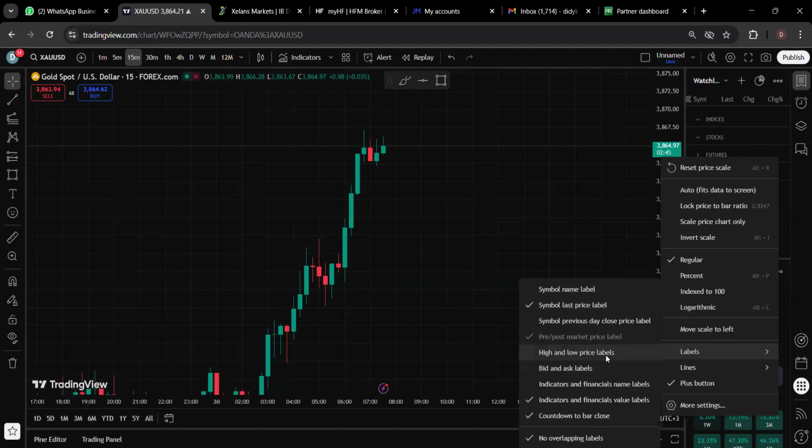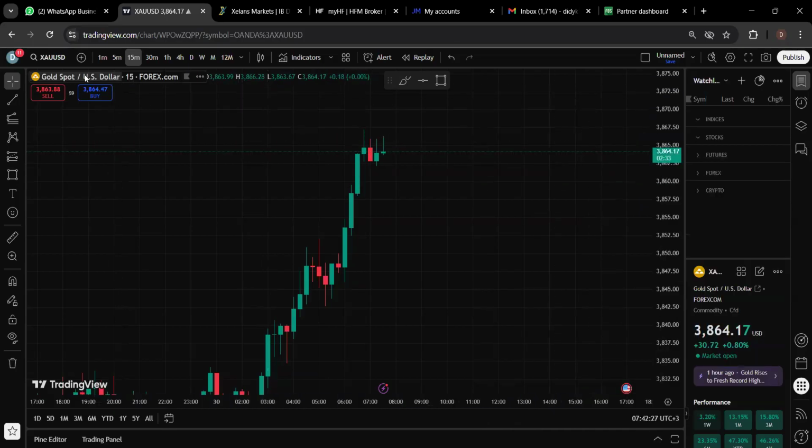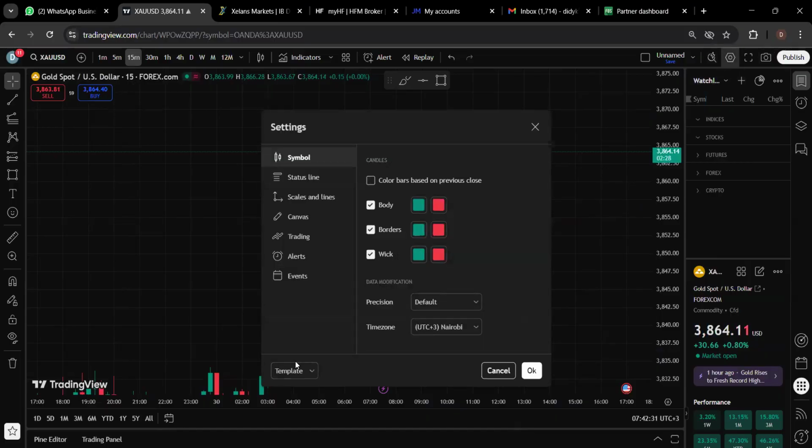If you turn it on, it will always show you what time is remaining for that candle. But don't edit your TradingView, just set it as default.